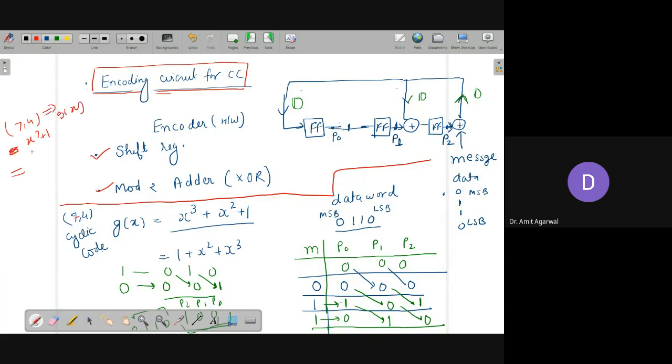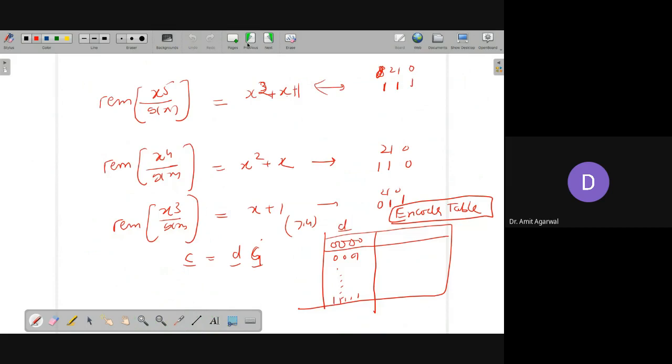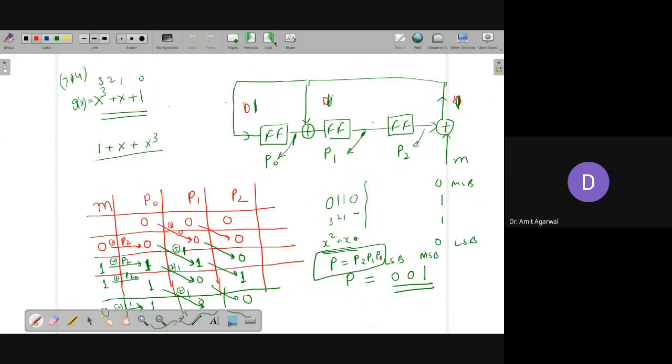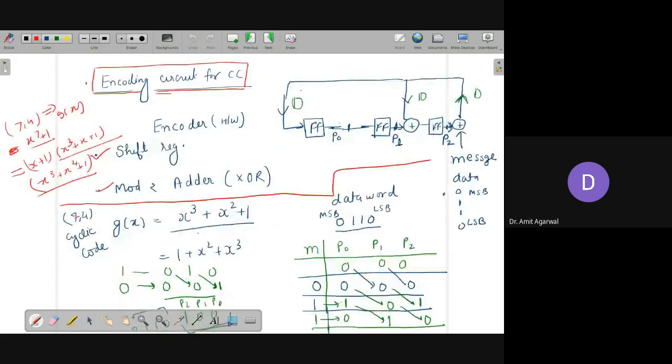The generator polynomial is a factor of x to the power n plus 1, and we know that its factors are this and the second, x cube plus x plus 1. So both can be used as generator polynomial. We are using this as the generator polynomial for this first example, and in the next example we will use the other generator polynomial.